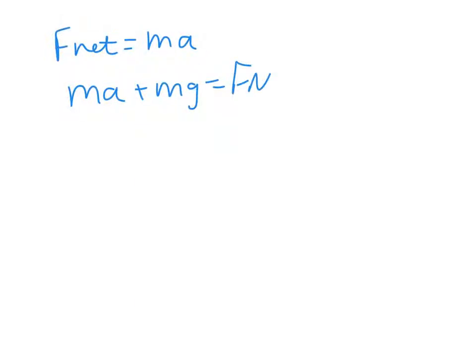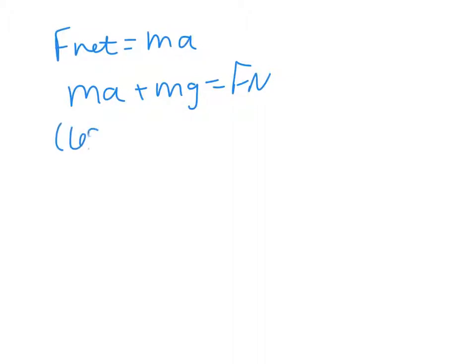We also know the second way to find net force is using the equation F net equals ma. So my net force plus my weight will equal my normal force.